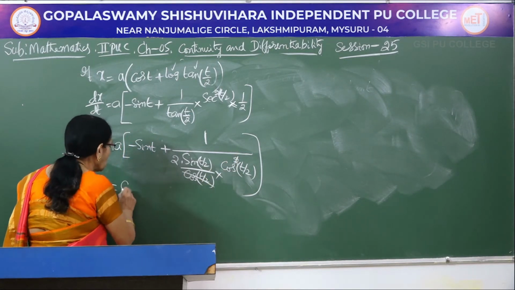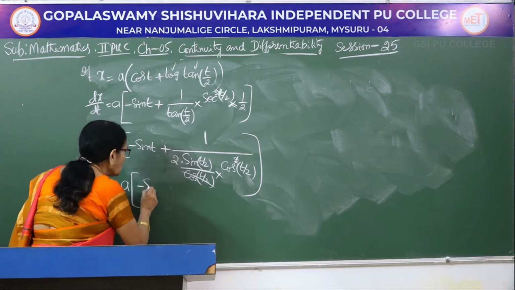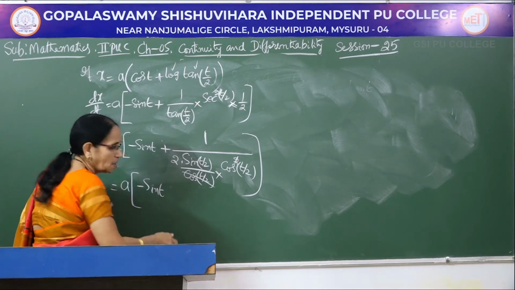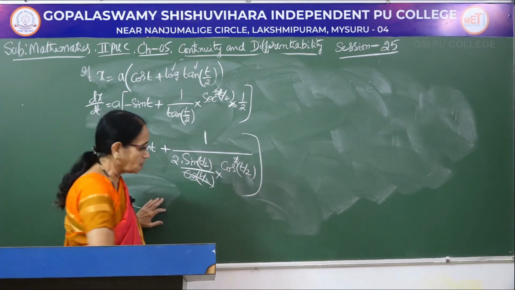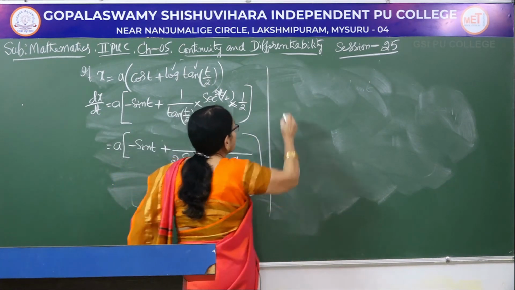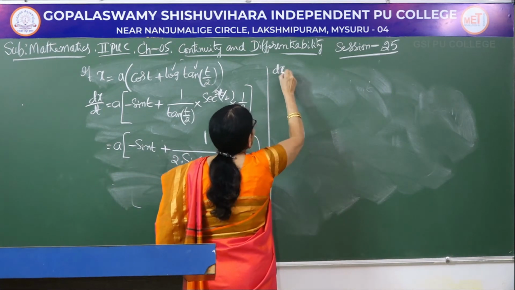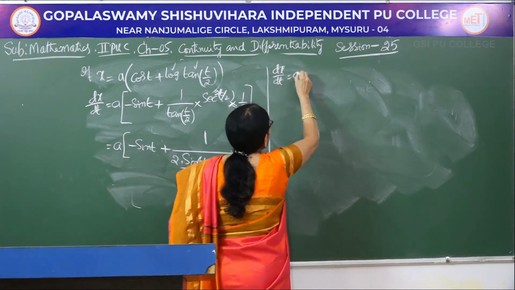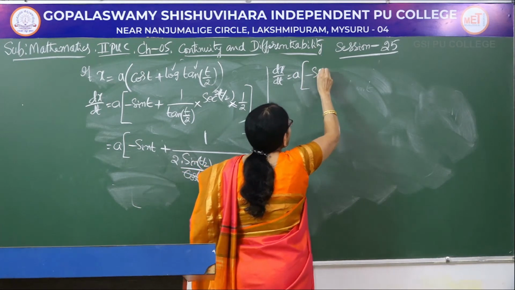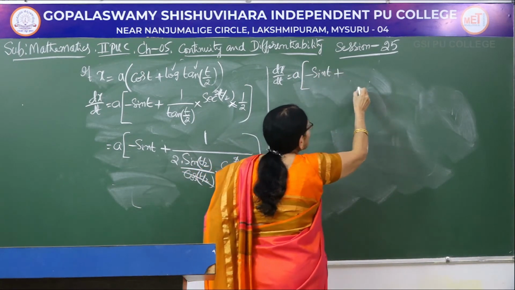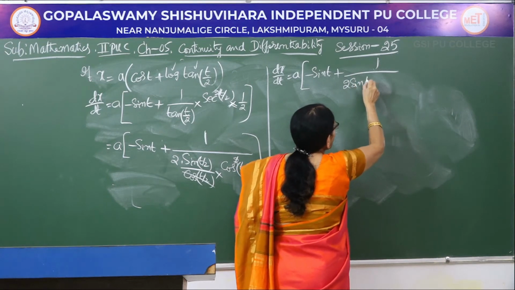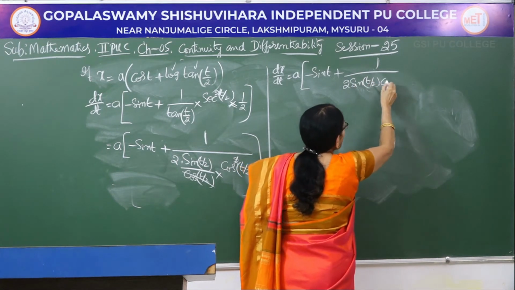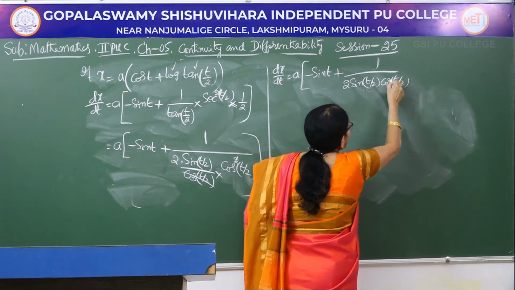Now, this would be equal to a into minus sin of t, and let me write the remaining terms properly. That is dx by dt equal to a into minus sin of t plus 1 divided by 2 times sin of t by 2 into cos of t by 2.